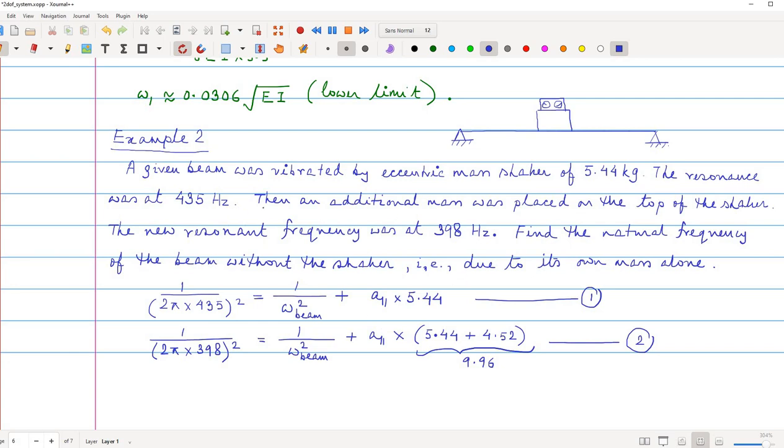A given beam was vibrated by an eccentric mass shaker of 5.44 kg.